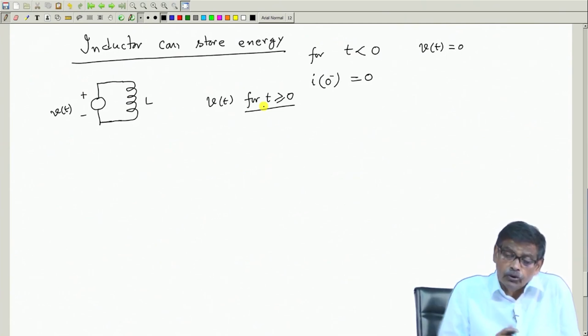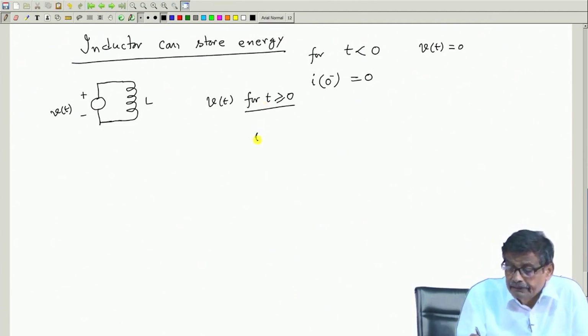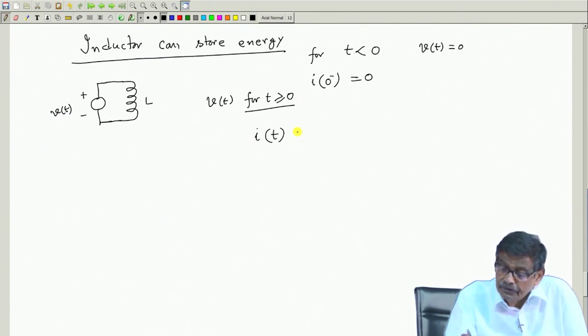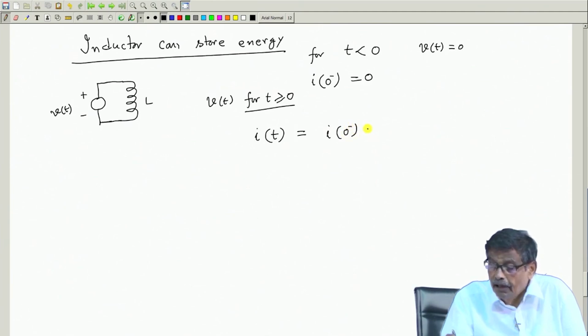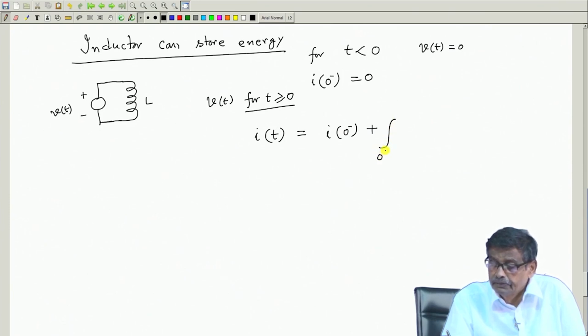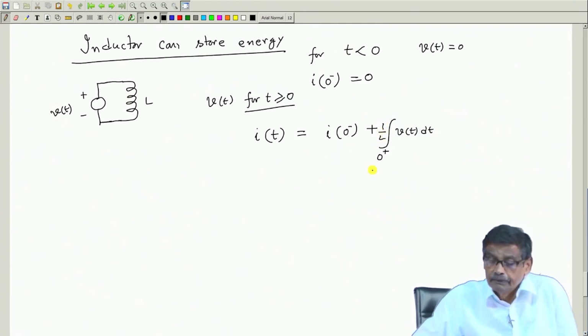So, the current through the inductor at any time t, for t greater than or equal to 0, will be equal to I(0-) plus the integration from 0- to 0+, which will be 0, then from 0+ to t of v(t) dt times 1 by L. This will be the applied voltage across the inductor.